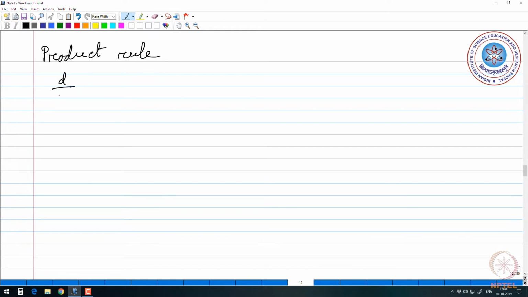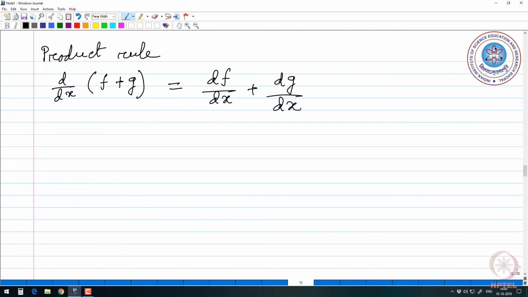When we consider ordinary derivatives, we have a few rules for the derivatives, that is, if we have d dx of f plus g, two functions, that becomes df dx plus dg dx.